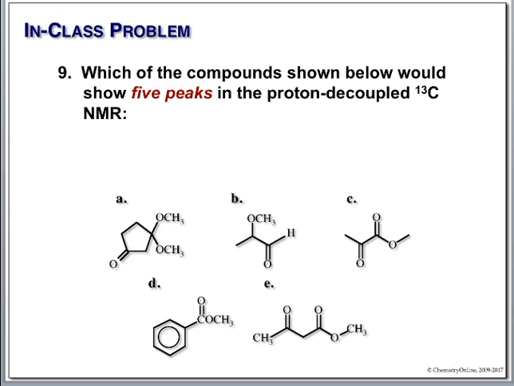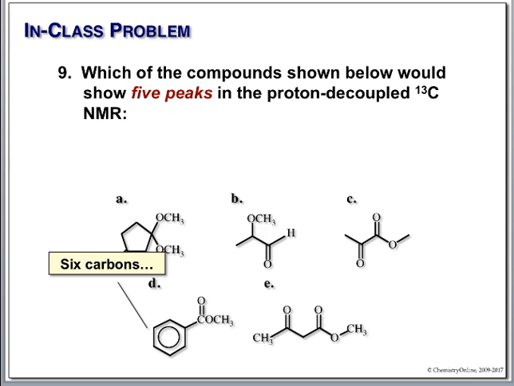So that's 2. We have 6 carbons in the ring, but the ring has symmetry, doesn't it? So these carbons and these are going to be the same. So we're going to have 1, 2, 3, 4 carbons from our ring, 5, 6 from our side chain. Total of 6 carbons, not 7.